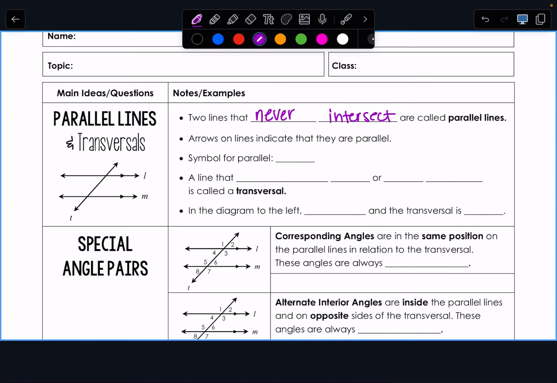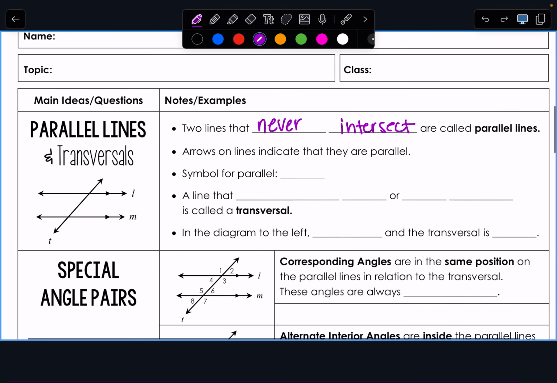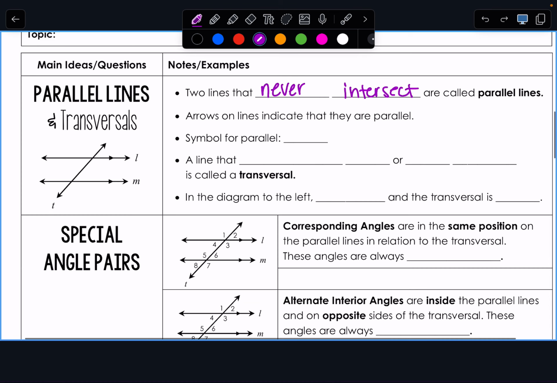So when you see these little arrows on a pair of lines, it means these are parallel. So you see those arrows, that means parallel. If I'm going to write a shorthand, like I don't want to write the words parallel lines, then I would draw this symbol right here, which is basically two parallel lines.